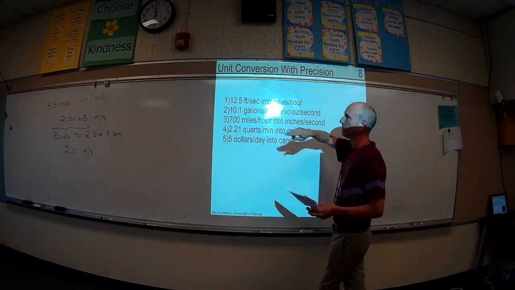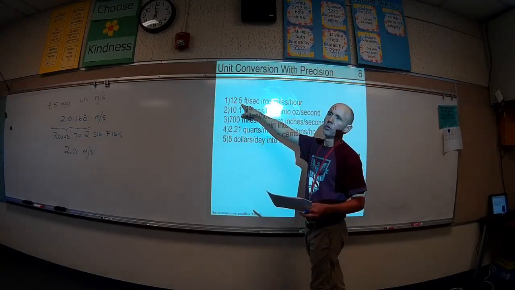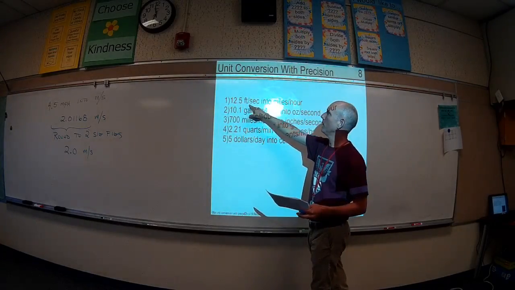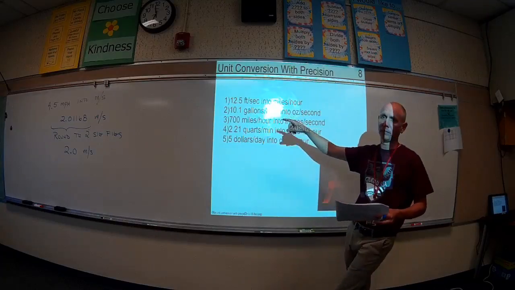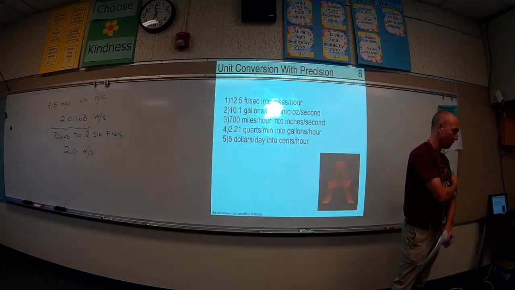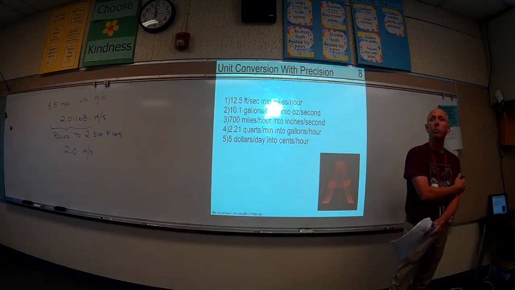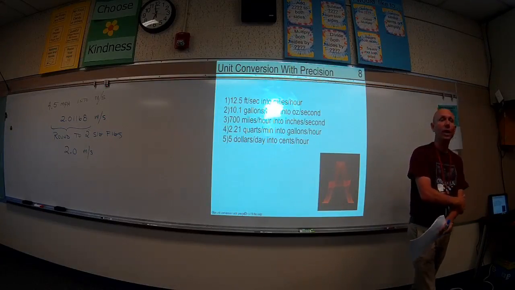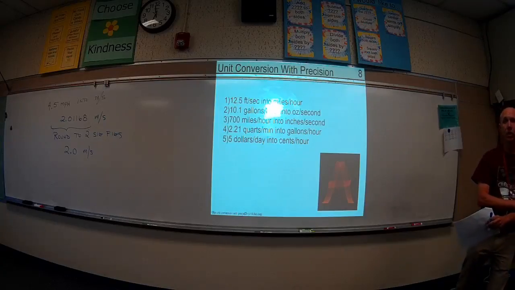Using Google. 12.5 feet per second into miles per hour. Google will convert it for you, but you have to do the precision. You have to round it based off of significant digits.